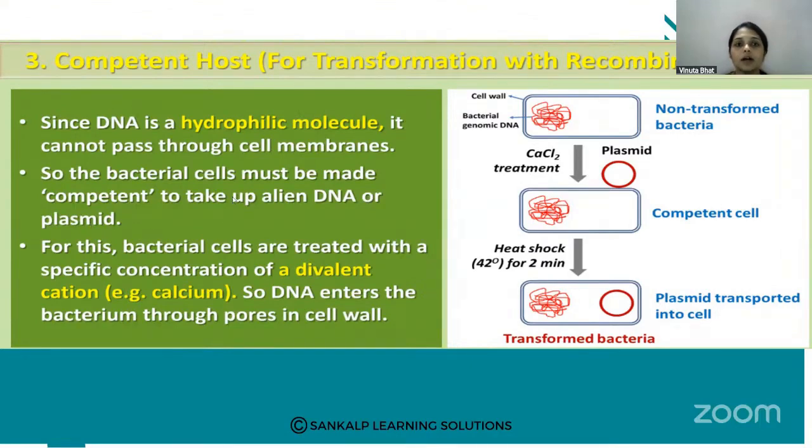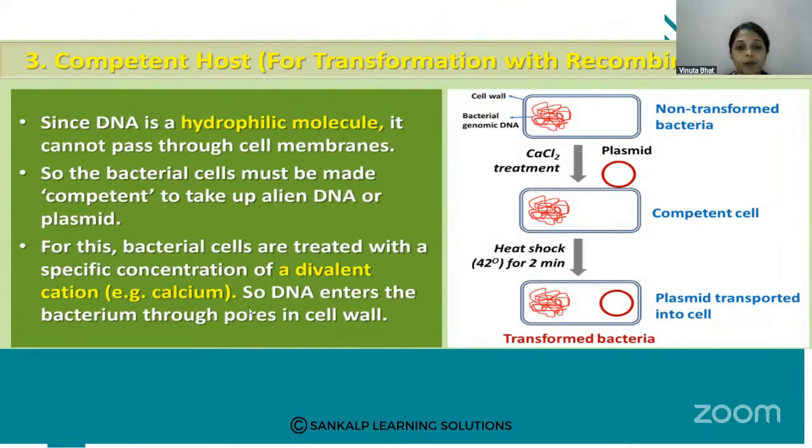So how are these bacterial cells able to carry this? For this, bacterial cells are treated with a specific concentration of divalent cation. So the DNA enters the bacterium through the pores in the cell wall.